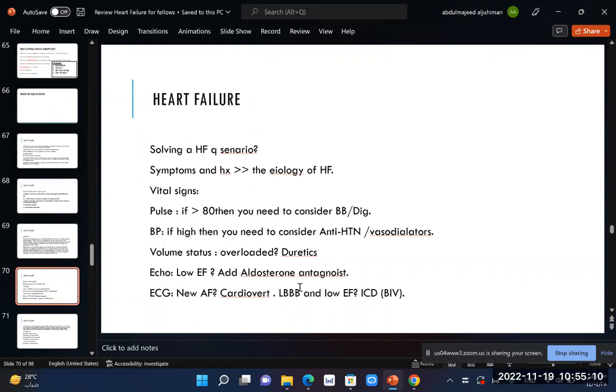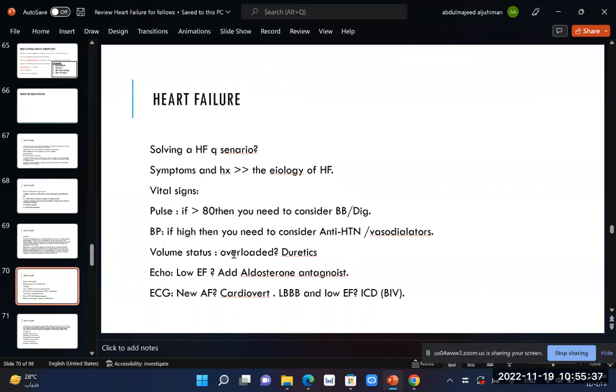So whenever you're solving a heart failure scenario, concentrate on a few things. First, symptoms and history, more than the etiology of heart failure. Concentrate on the vital signs. Pulse will tell you if more than 80, then you need to consider beta blocker or digoxin. Blood pressure, if high, then consider antihypertensive medication, vasodilators.